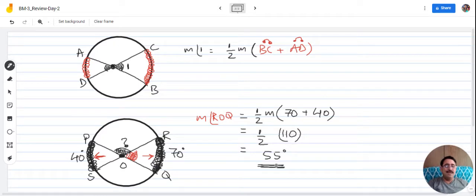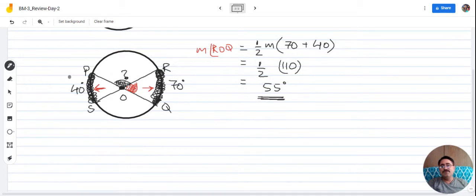But this is not the end of the story, because the question is, what is the value of this angle? In the previous sessions, you learned that a straight line makes 180 degrees. Therefore, if this angle is 55 degrees, then what is the value of this one?